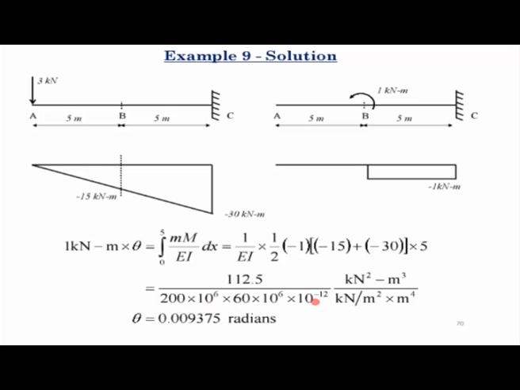So that divided by the values of E and I will give you theta equal to 0.009375 radians. So that gives you the value of the rotation at this point.